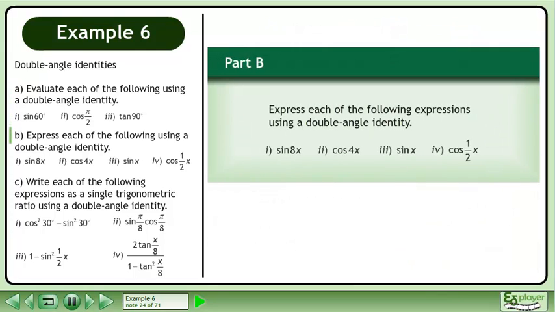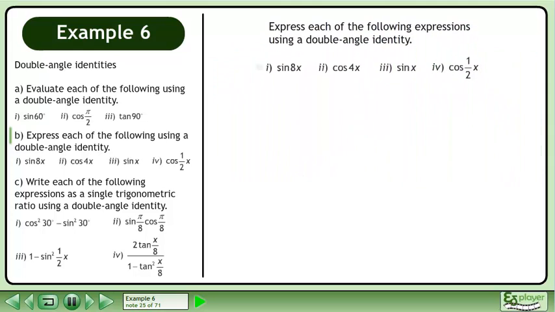Now we'll move on to part B. Express each of the following expressions using a double angle identity. We'll begin by expanding sine of 8x. Rewrite 8x as 2 times 4x.